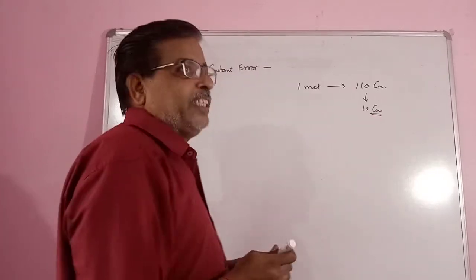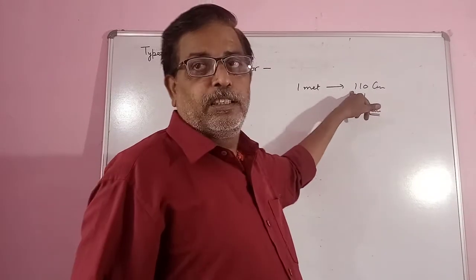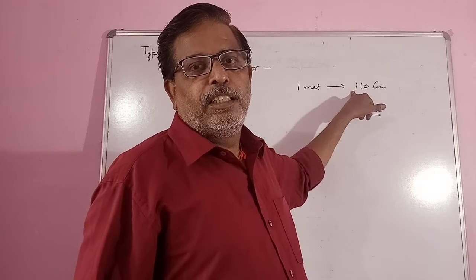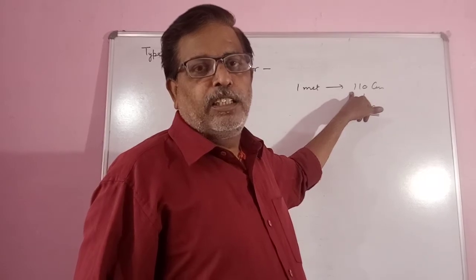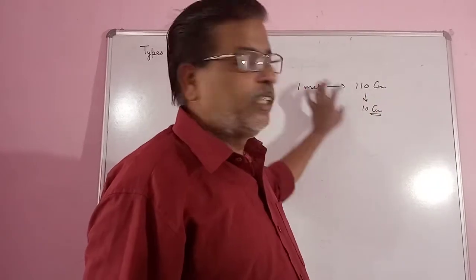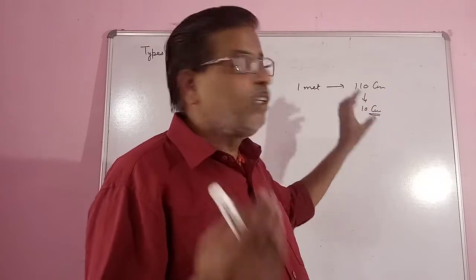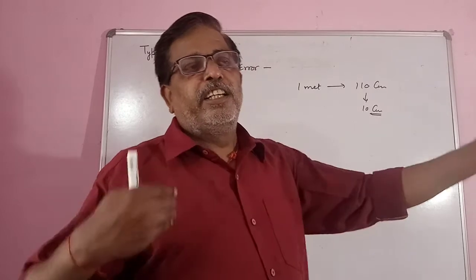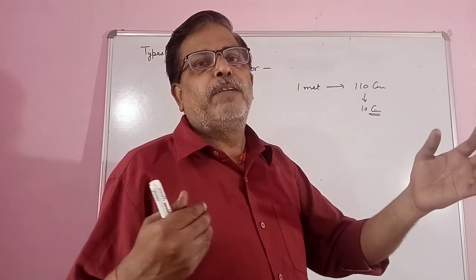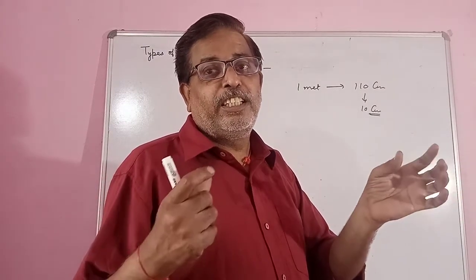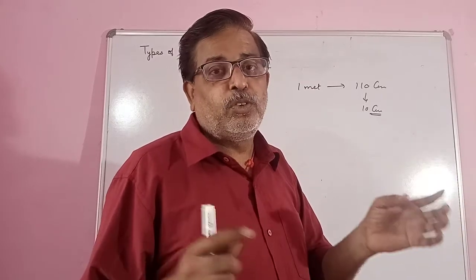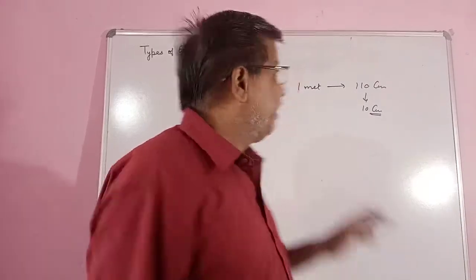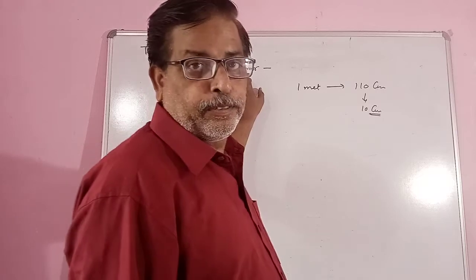When we are measuring some length by this scale, in place of 1 meter scale, every time we are taking 110 centimeter, means every time we are making a difference of 10 centimeter. So this is error, and this is constant error.